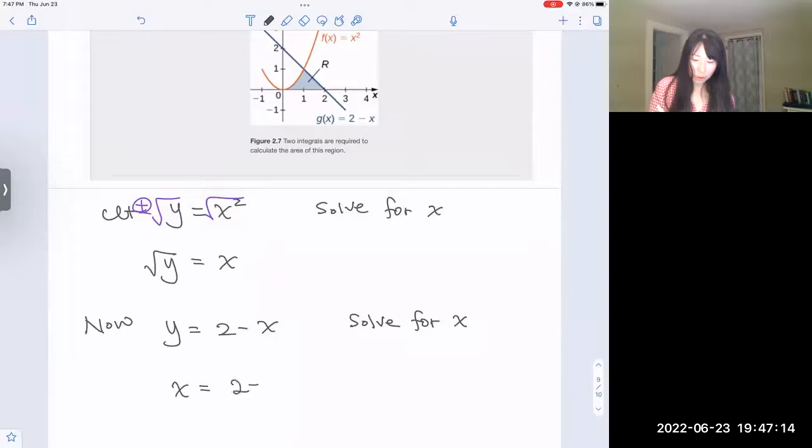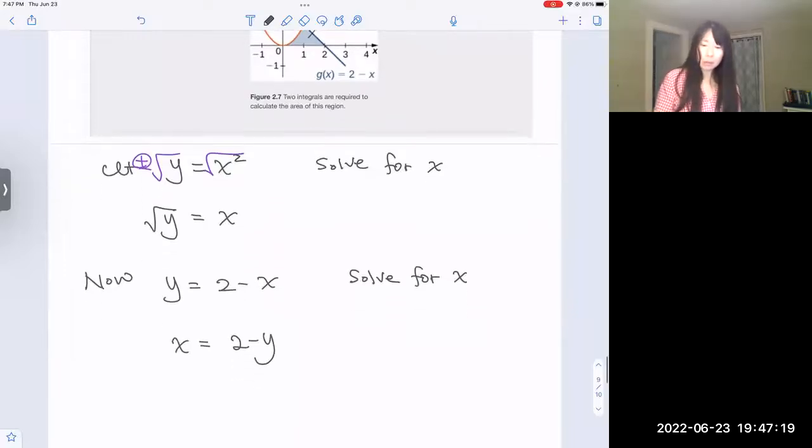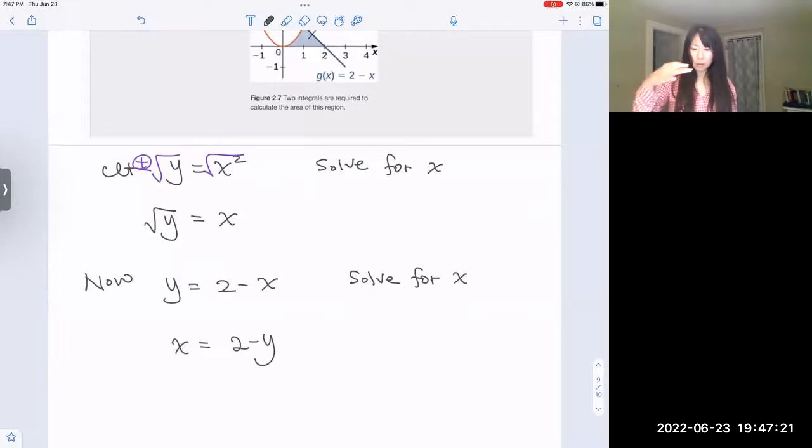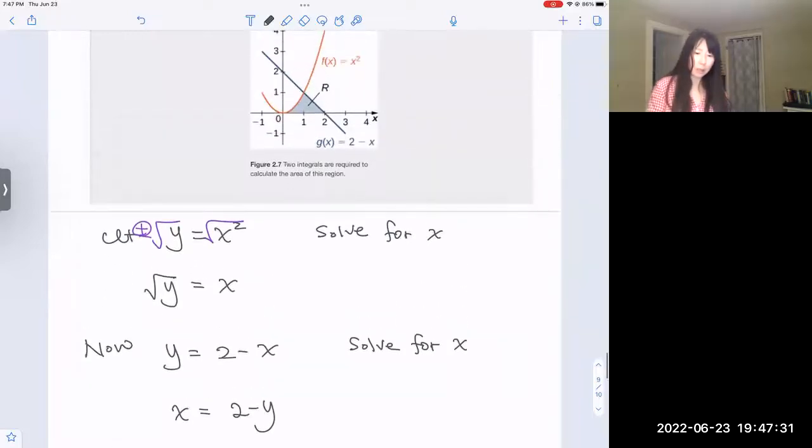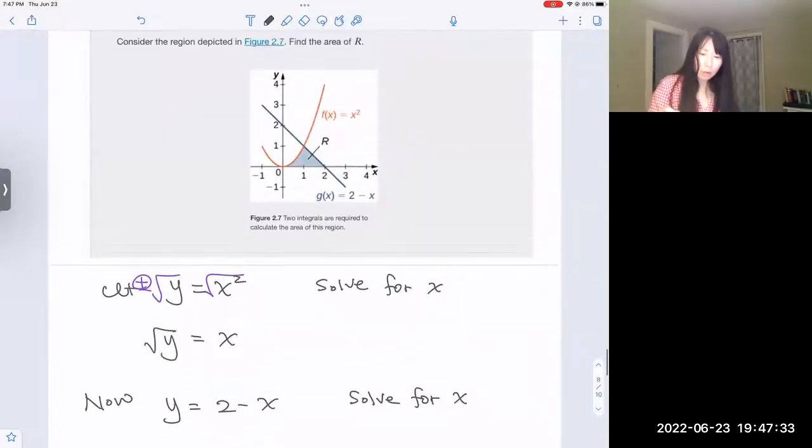So x will be 2 minus y, yeah. Very good. Now the right, which is the straight line, is 2 minus y, right? So we're going to do that. Let's take the region. We are looking at the region in terms of y. So the y interval, we're going to see that, is from 0 to 1, okay?